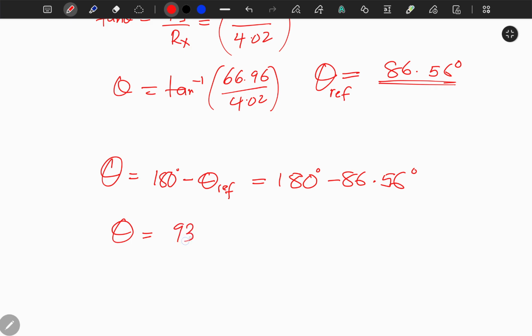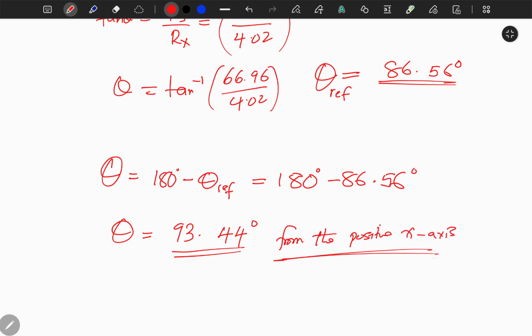Yes, 93.44 degrees. That's all. Now, look at this theta. Remember that all the angles were taken from the positive x-axis. So this is 93.44 degrees from the positive x-axis. Done.